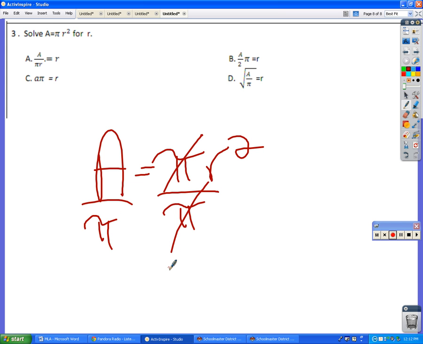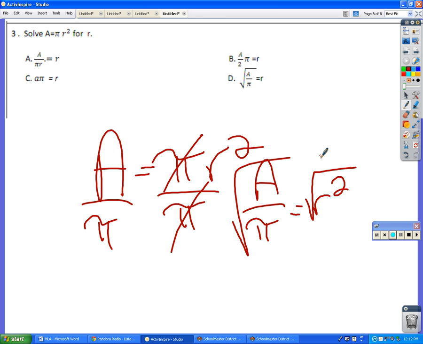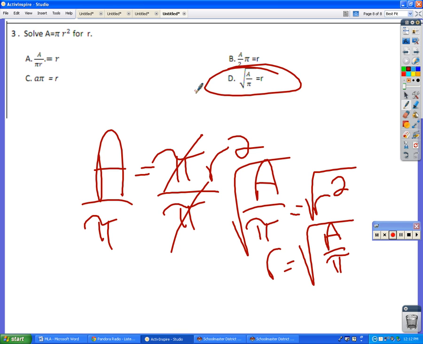So the pi's cancel. Now the trick is, how do I get rid of the r squared? What's the opposite of squared? Square root. Good. So if I have A over pi equals r squared, I need to square root both sides. The square root and the square cancel, and r equals the square root of A over pi, which is D. It's the last one.